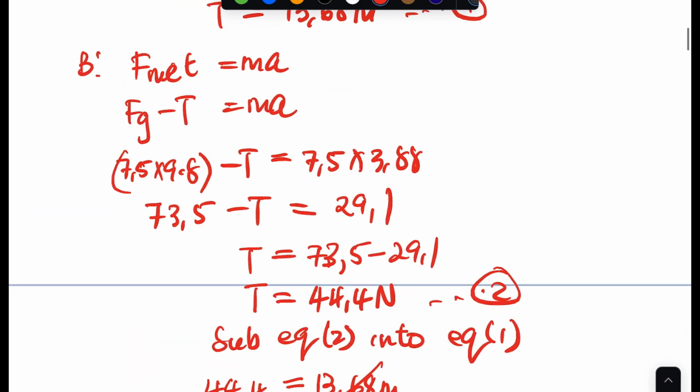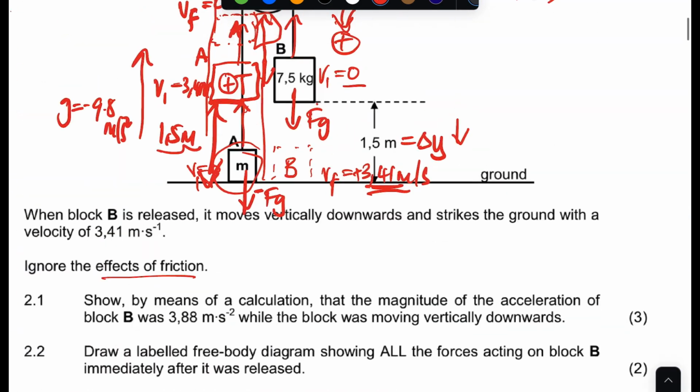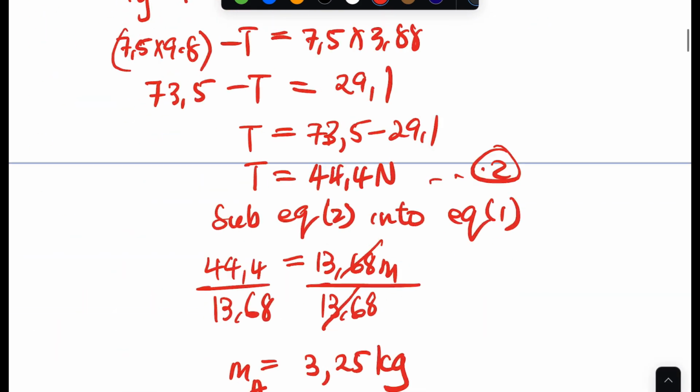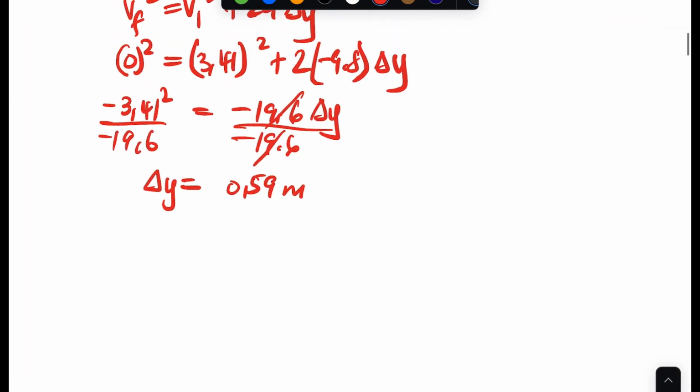What is 0.59 meters? It's this height, this displacement. When it reaches here, it has traveled this distance. Let me draw it again, guys. So we have block A here and block B here.